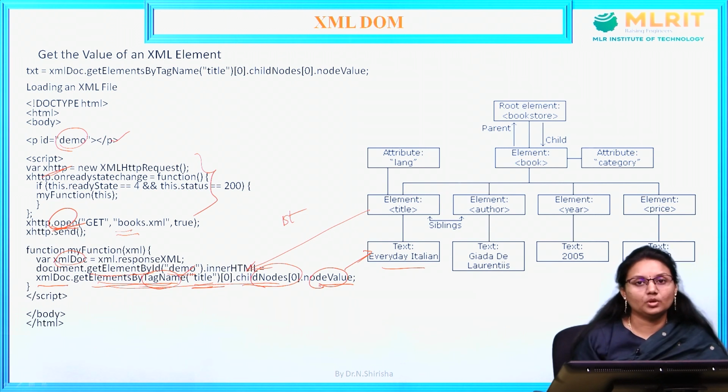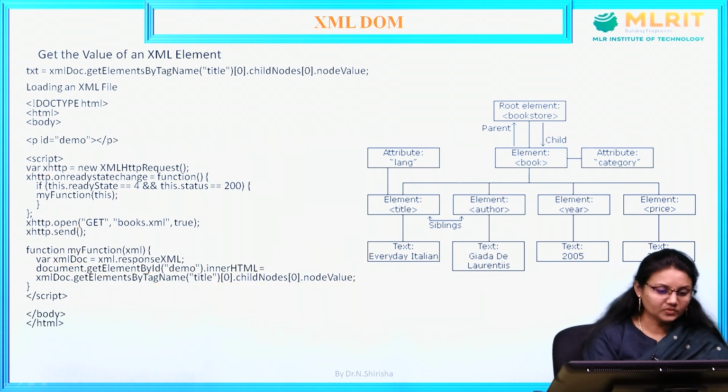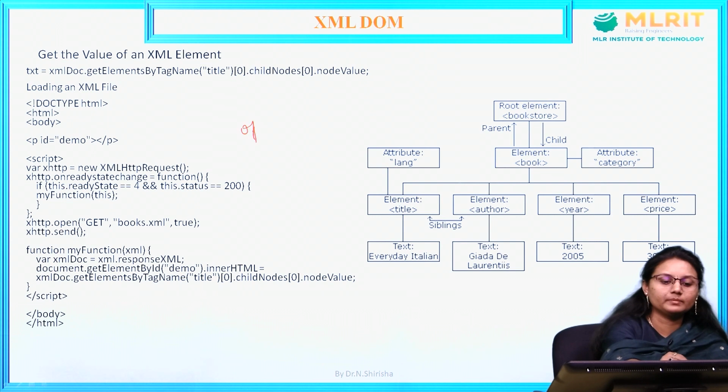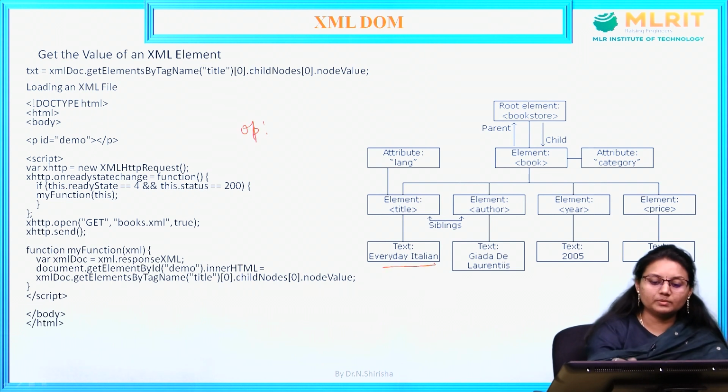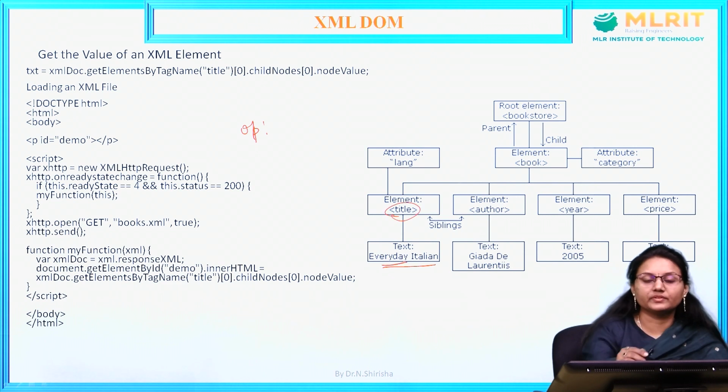The open function will open your XML file. Once that XML file is open, you can retrieve the elements using either getElementById or getElementsByTagName according to the requirement. So what will be the output for this program? The output will be Everyday Italian, because my title is given as Everyday Italian. That is the node value.